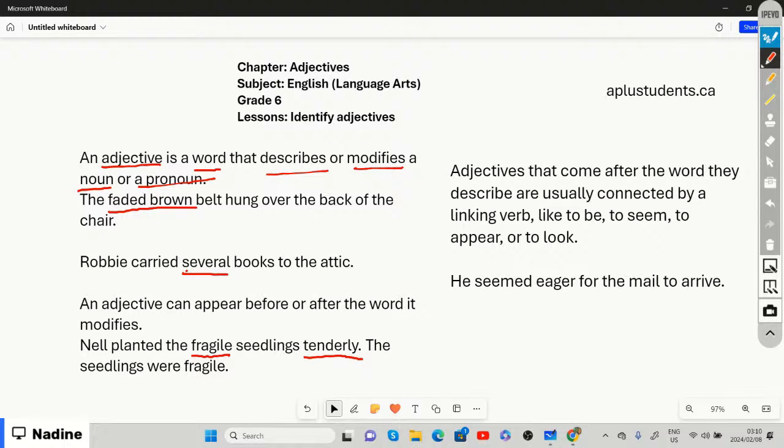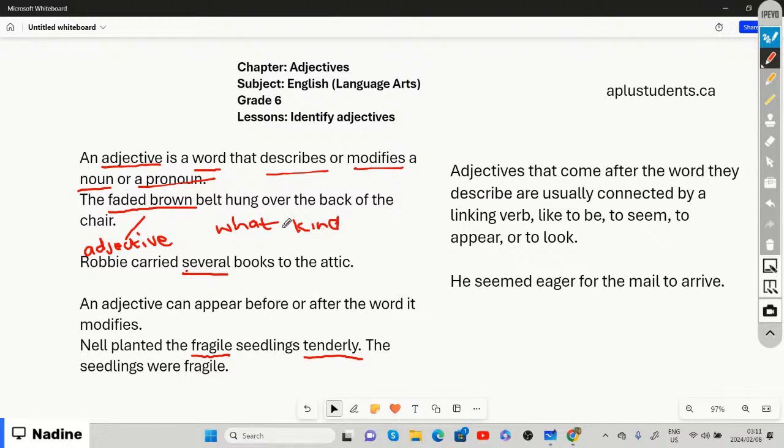Also, adjectives can tell you what kind and they can also tell you how many. If we look at the sentence, the faded brown belt hung over the back of the chair, the words faded and brown are our adjectives. They answer what kind.